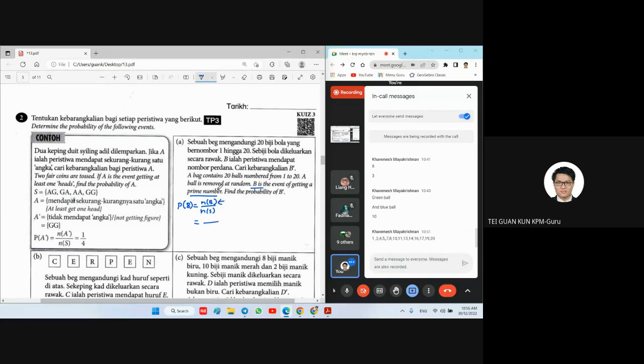So B is prime number. A bag contains 20 numbers from 1 to 20.